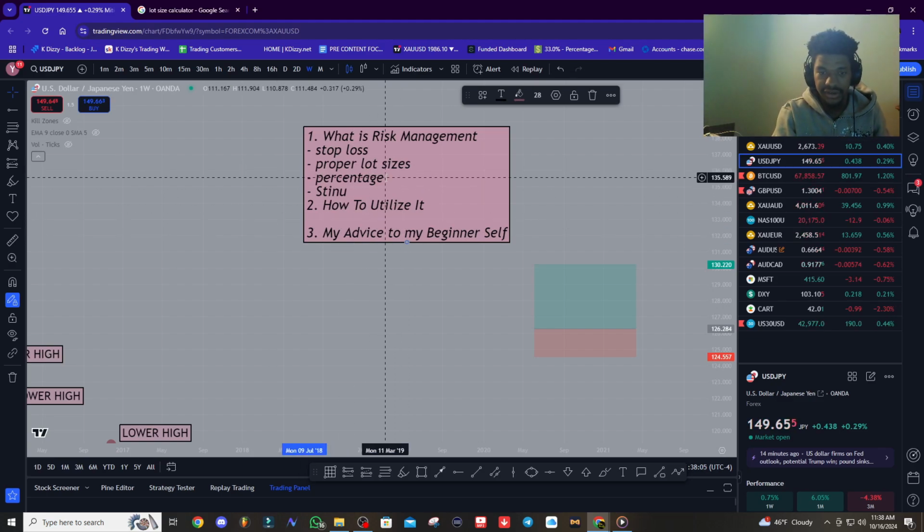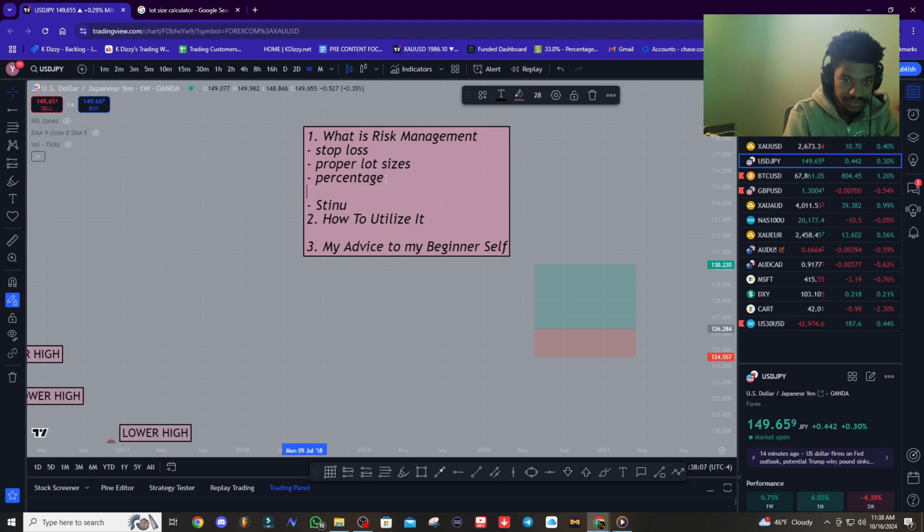Let's put it right here under percentage: 1 to 5%. 5% is for when you're more comfortable and more advanced in what you're doing. But 1 to 3% is what I started off with. I did not go past 3%, and I'm super glad I did because I have a foundation now of risk management.